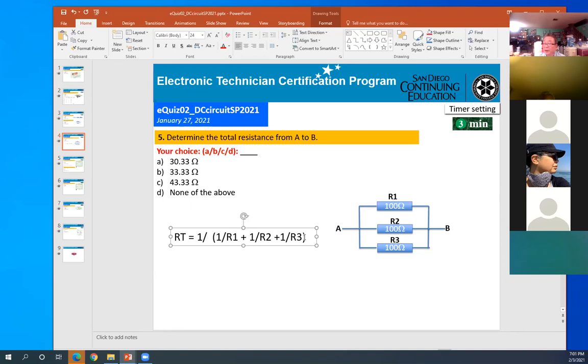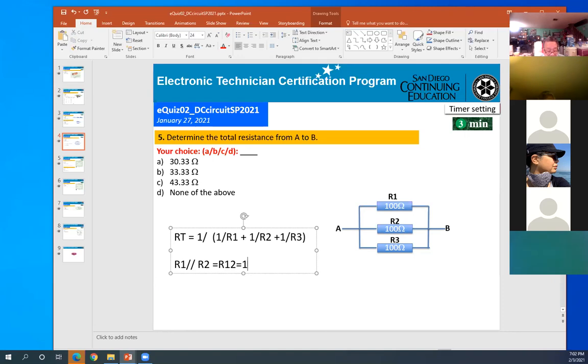Okay, the other way you can do this: you say R1 and R2 in parallel, do this first. Then you get R1,2. Equal 100 and 100, you know that's 50 ohm.